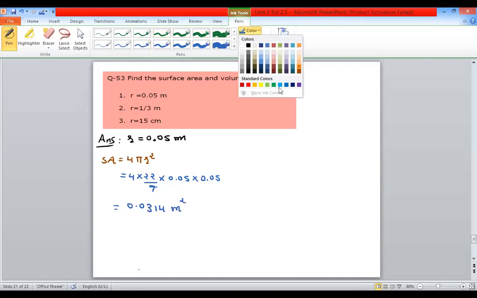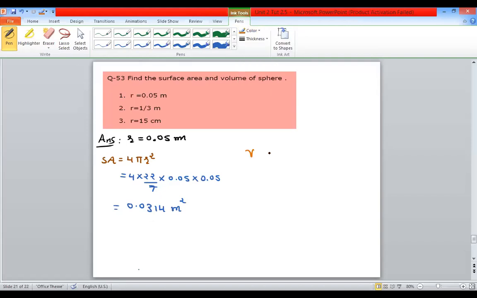Now find the volume. Volume is 4 by 3 pi r cube. It's 4 by 3 times 22 by 7 times 0.05 cube. Cube means this quantity multiplied by itself 3 times.